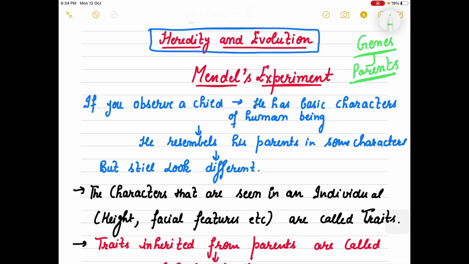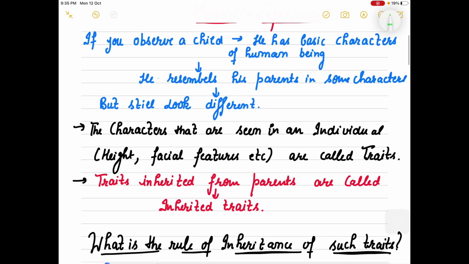There are a few changes because of which the offspring or the children are not identical to their parents, right? So in general, if you observe a child or you observe yourself, you have all the basic characteristics which a human being has.